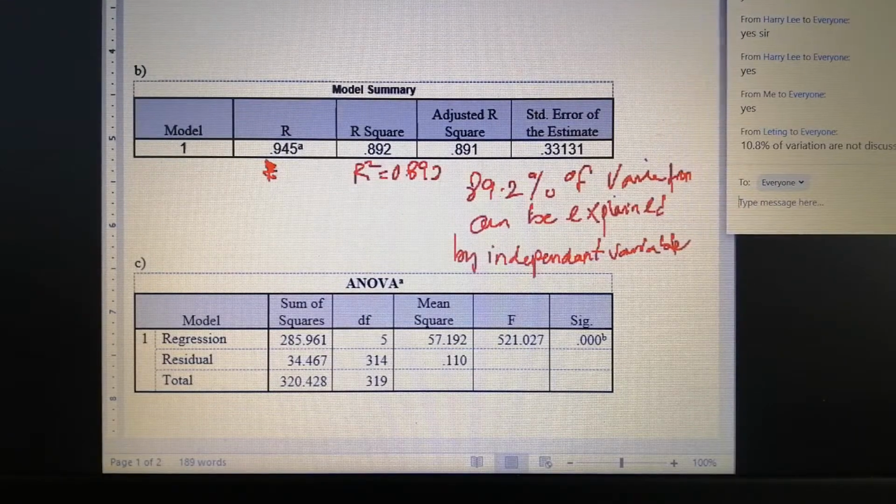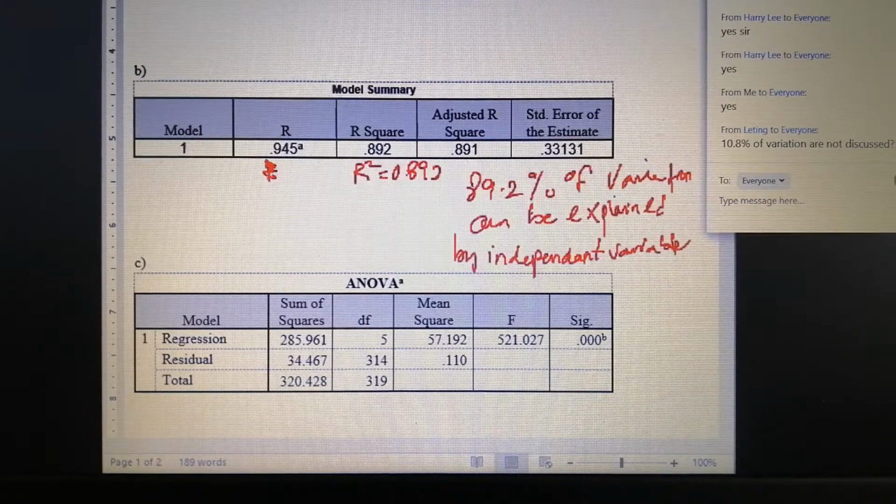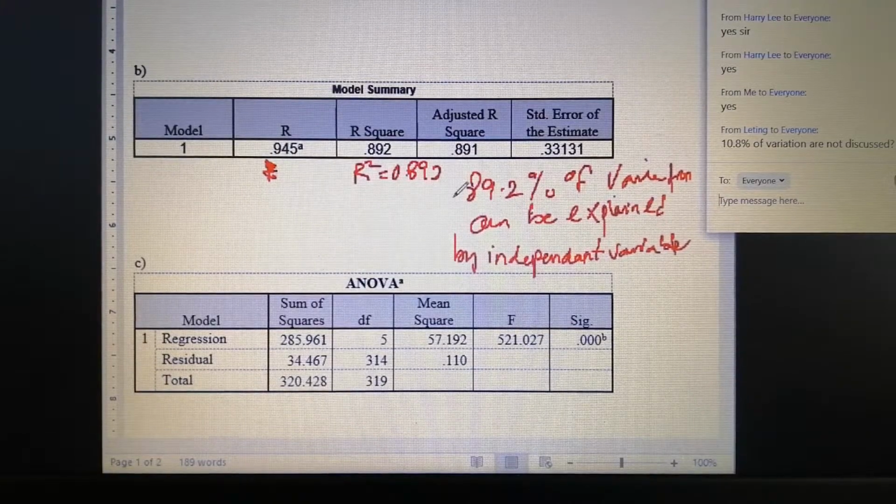Okay, good. So you can say that the balance, how much is not discussed? It's 10.8, right? Just find the balance of it. So 100 minus 89.2, the balance will be the variation that is not explained. Okay, correct.